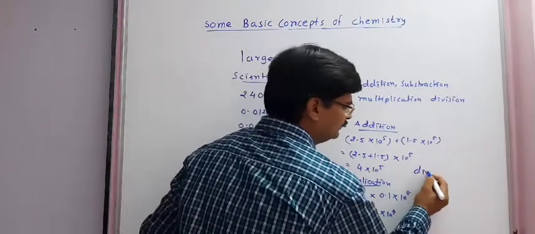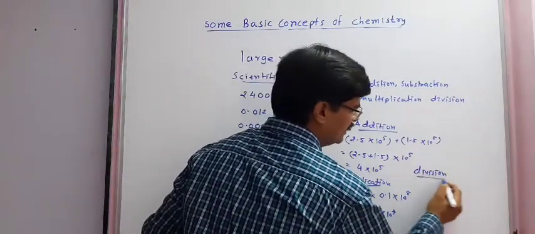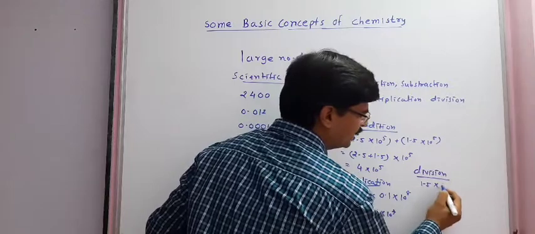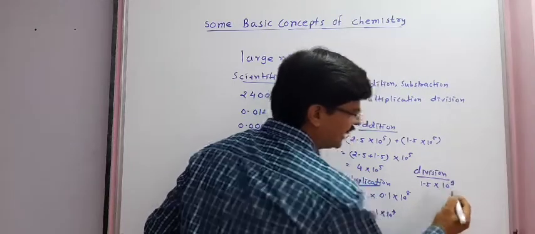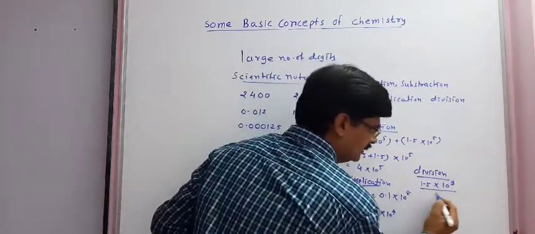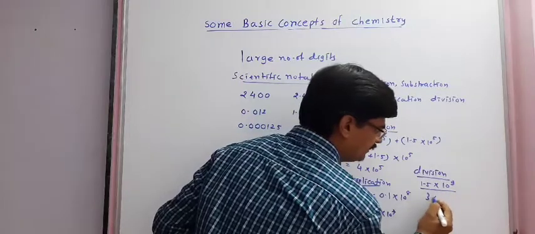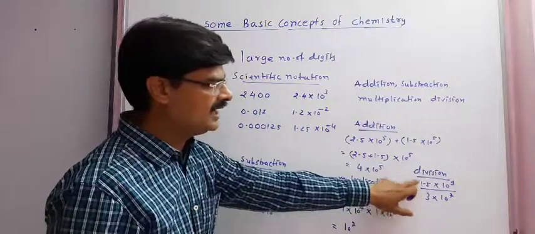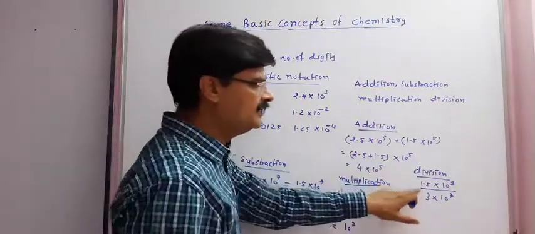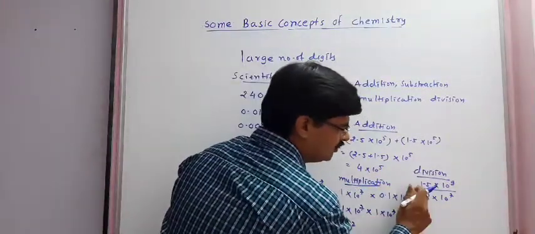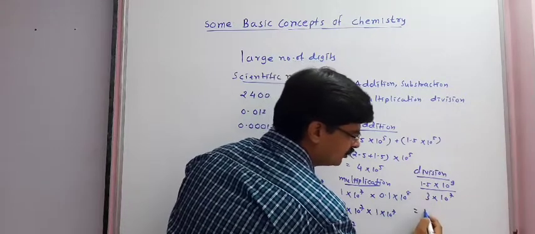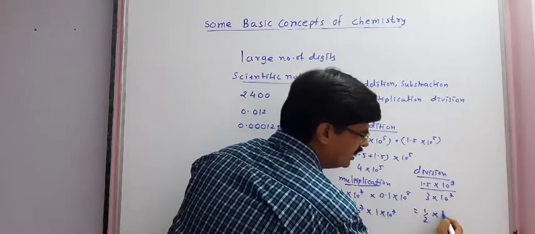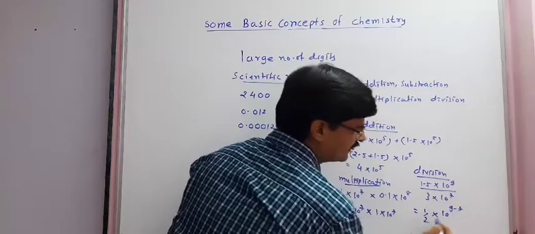Division also. We have 1.5 into 10 raised to 9 and 3 into 10 raised to 7. These two scientific notations can easily be divided: 1.5 divided by 3 gives 1 half, and 10 raised to 9 minus 7.